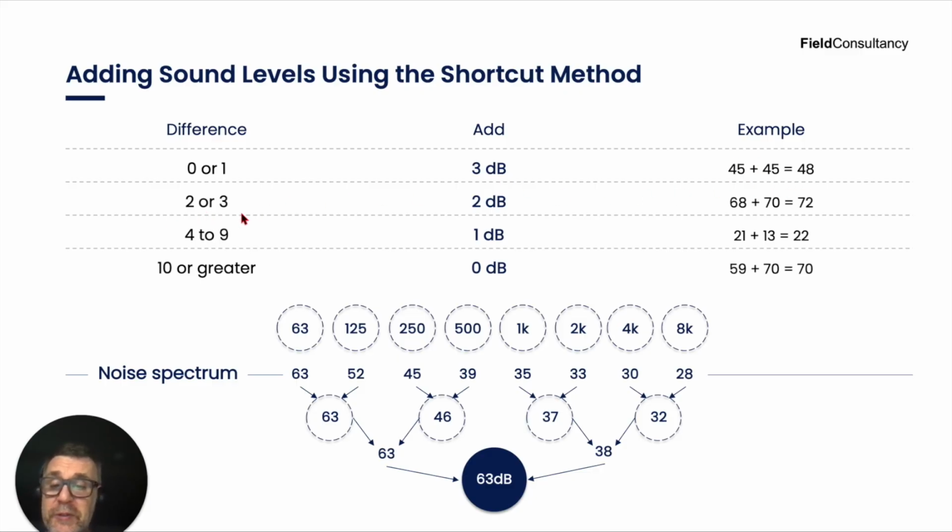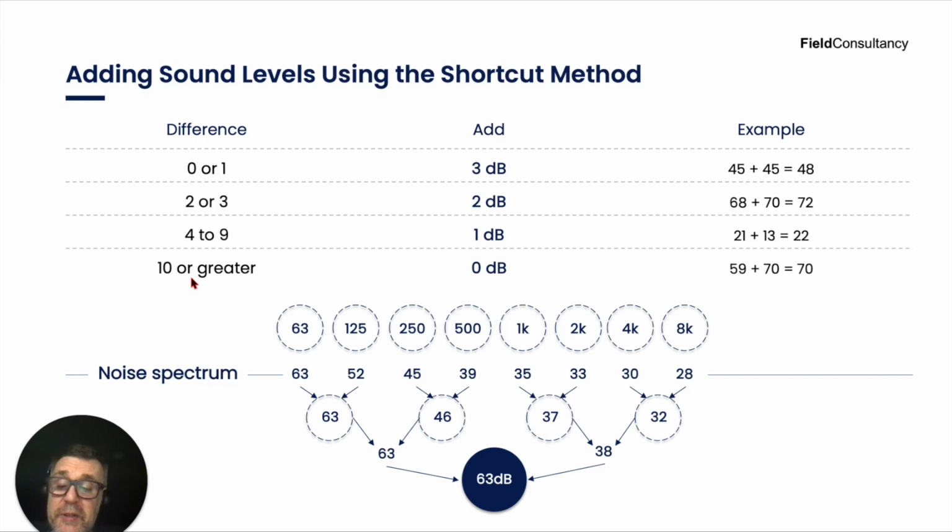Now, if the difference is 2 or 3 between the two sound sources, you just add 2 dB. So for a 68 dB source plus a 70 dB source, the overall sound pressure level is 72 dB. If the difference is 4 to 9, you just add 1 to the highest sound pressure level. So 21 dB plus 13 dB equals 22 dB.